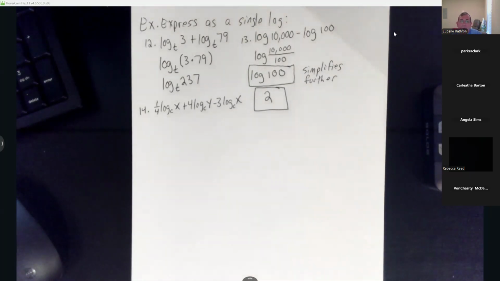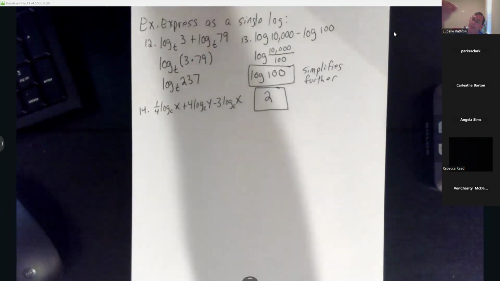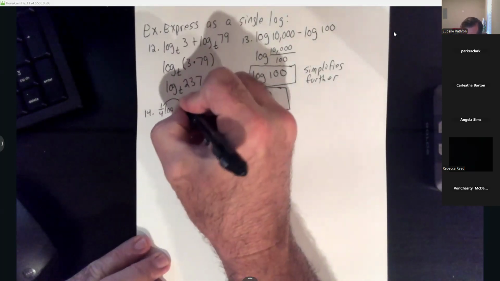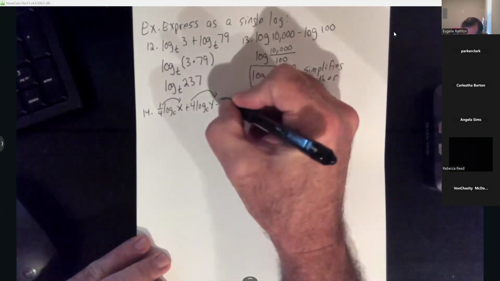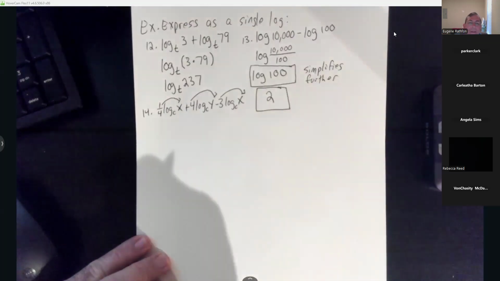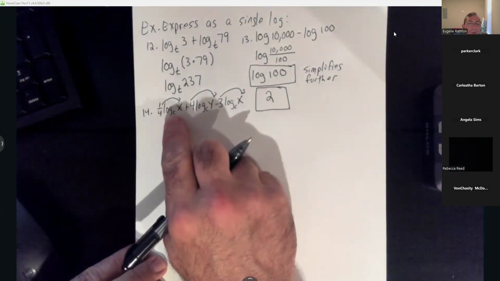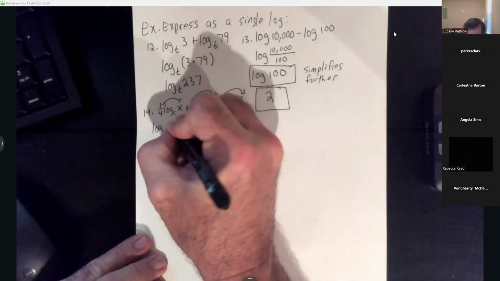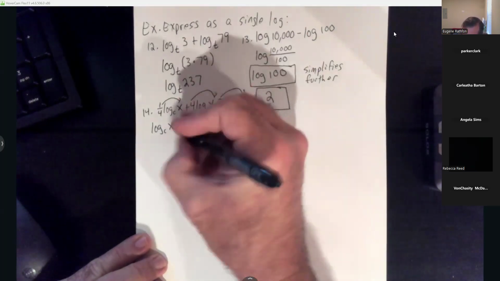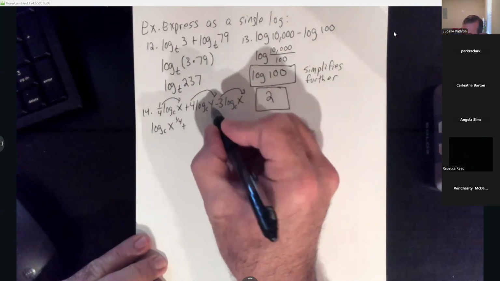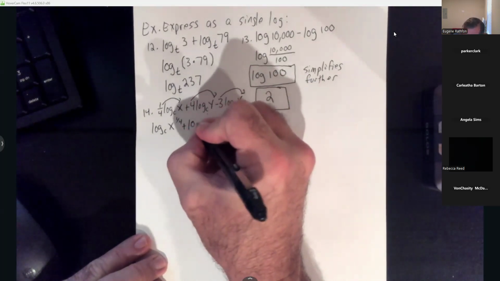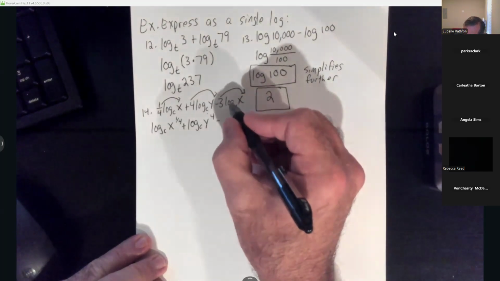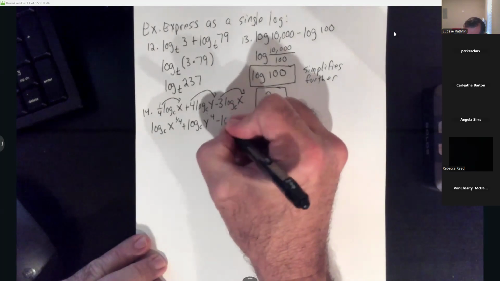If my last move was doing the exponents and bringing them down to the front, well, these numbers in the front, I need to now move back up and put them as exponents. Okay? So this becomes a log C of x to the 1/4, plus this one will become a log C of y to the 4th, and then minus, this one will become a log C of x to the 3rd.